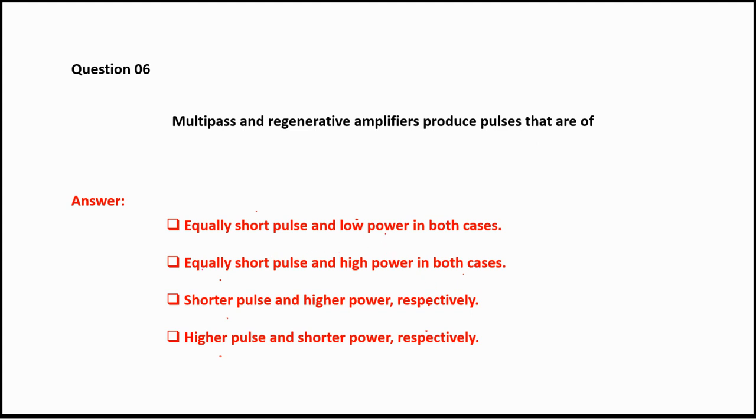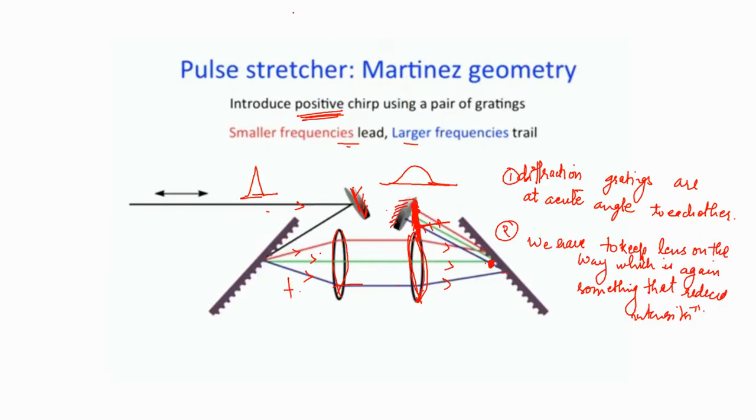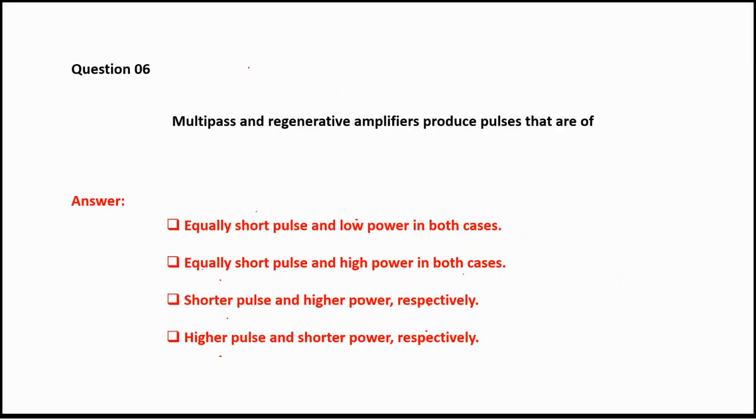Okay, so actually what these multipass and regenerative amplifiers are: initially, when we studied, I told you what the stretcher and compressor mean. So basically chirping is the thing that we make use of.